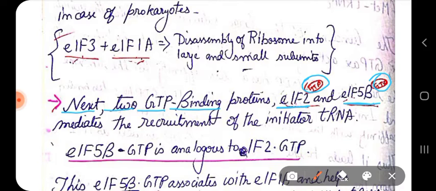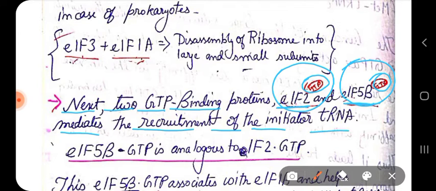It is also a GTP-binding protein. Both of them have GTPase activity that mediates the recruitment of the initiator tRNA, which is allowed to bind to the P site with the help of these two proteins, eIF2 and eIF5B.